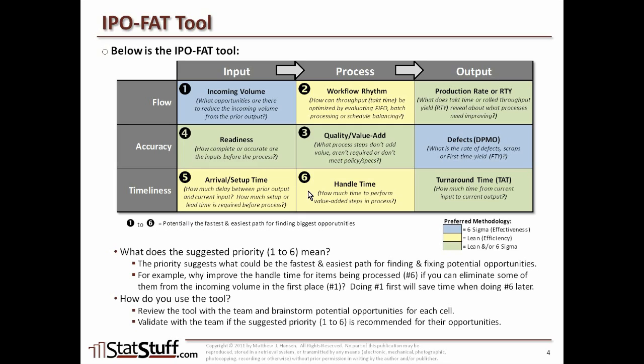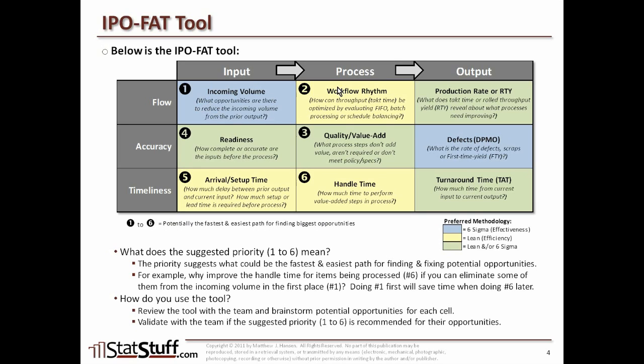The last thing I wanted to point out on here is you'll notice that each of these boxes has a different color. The colors are associated with the type of tools or methods that you might find associated with whatever opportunities you find in a particular box. For example, in the first one here, incoming volume, what are the things that you're getting that you shouldn't be getting? Well, you might find yourself using more of the Six Sigma type of tools or methods to help work that.